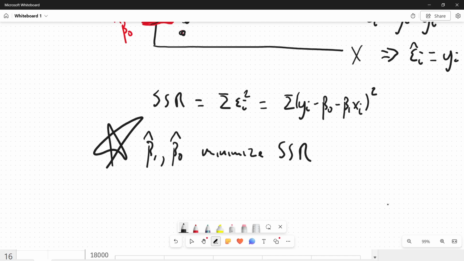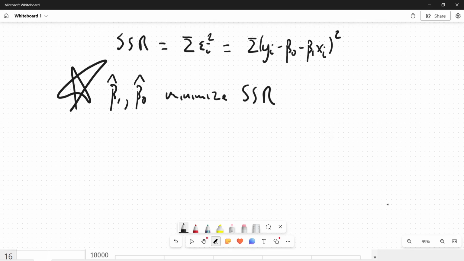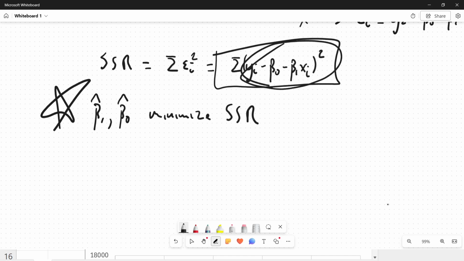So let's minimize the sum of squared residuals using calculus in order to identify beta 0 and beta 1 that will be the solutions. Well, if you know how to do this, we basically have a paraboloid here. It's like a bunch of parabolas. Each of these is a parabola. There are many of them added together, and they're not regular parabolas.